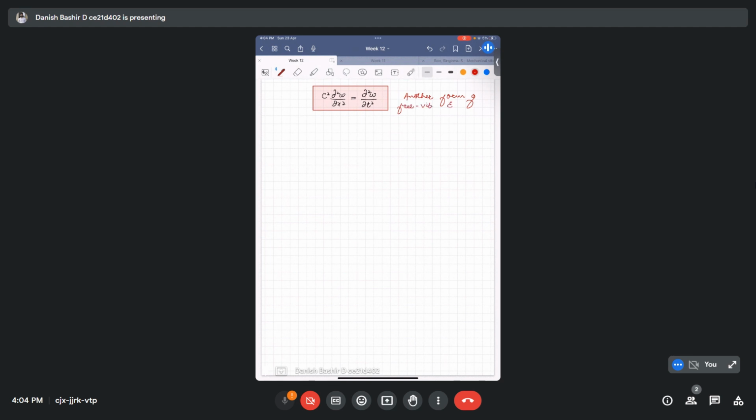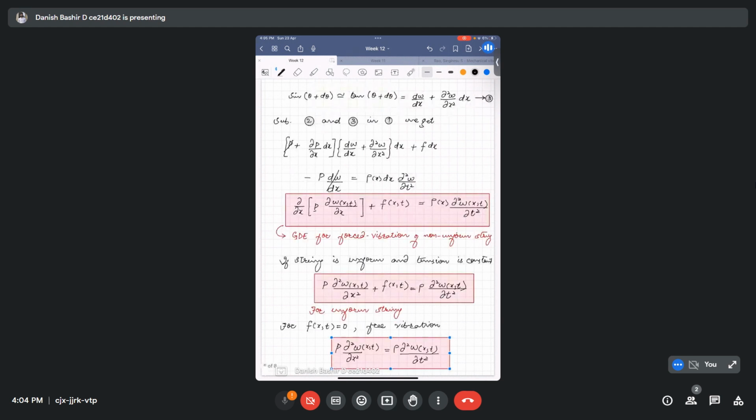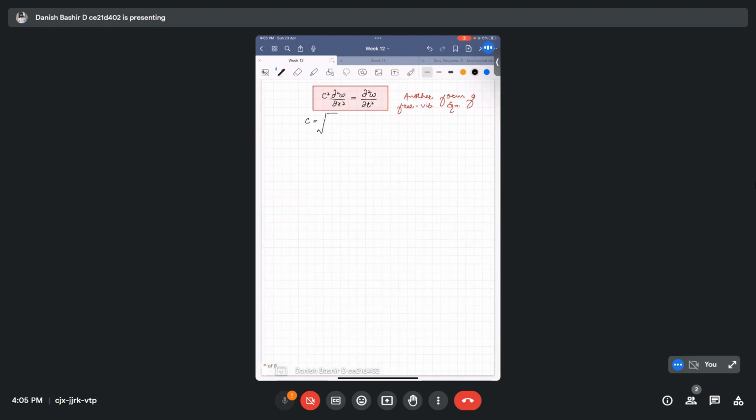Free vibration equation, okay. Another form of free vibration equation where we will define the c parameter as c is equal to square root of, so you can see that it is actually p by rho. Rho, if we transpose to the left hand side, it is p by rho.